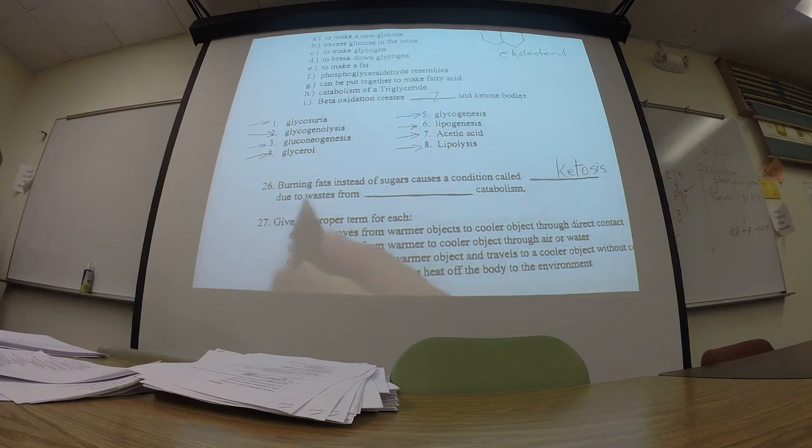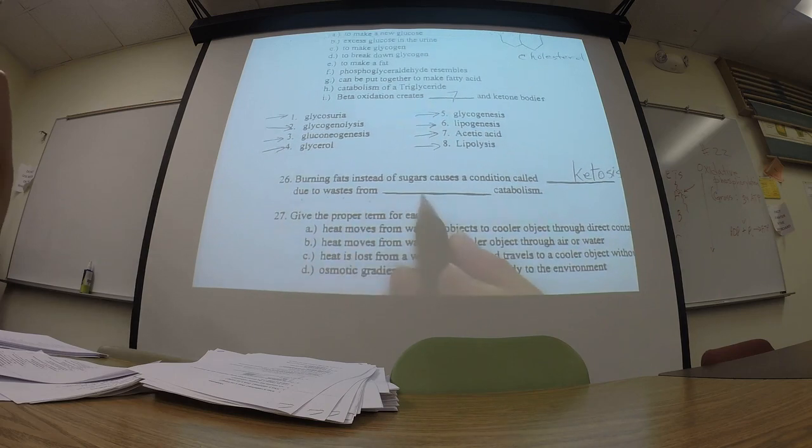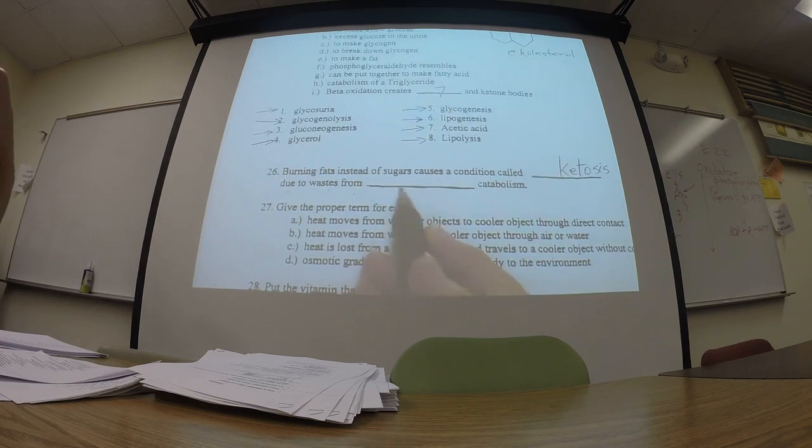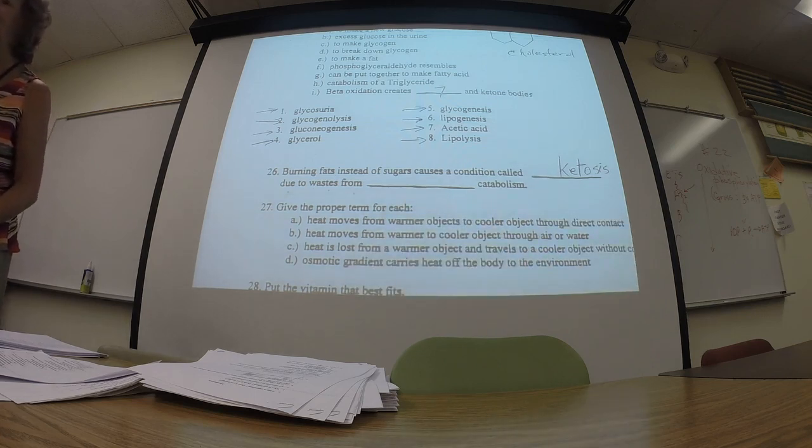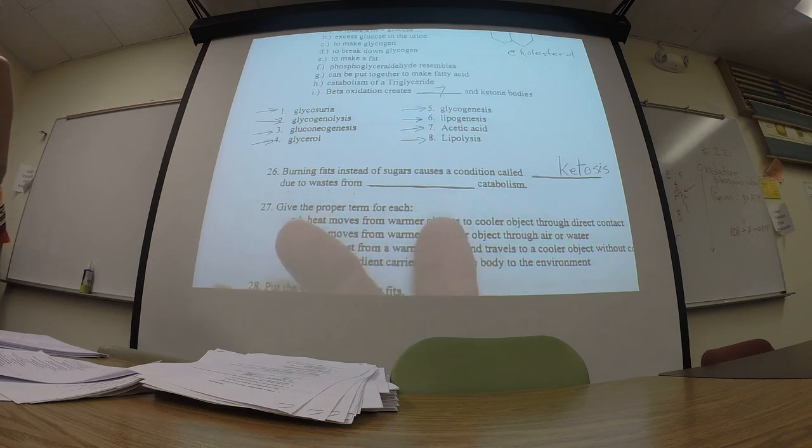And due to waste from what part did you just break down to create those? What part of the fat? What part of the lipid? Be more specific. What are the two building blocks that make a lipid or a fat? Fatty acid and glycerol. So which one is it that just created these two carbon wastes?